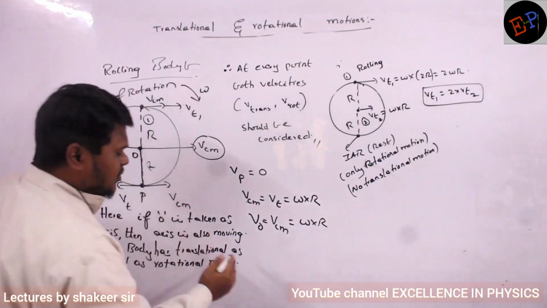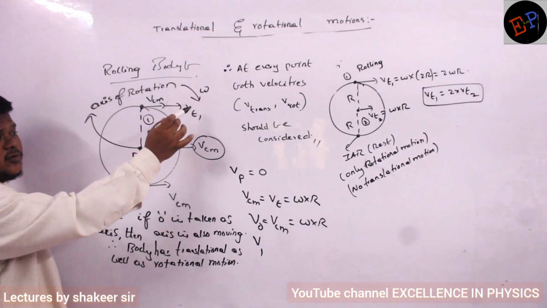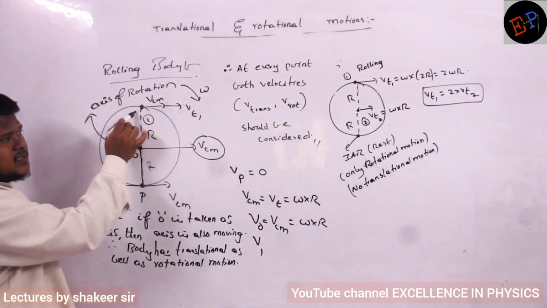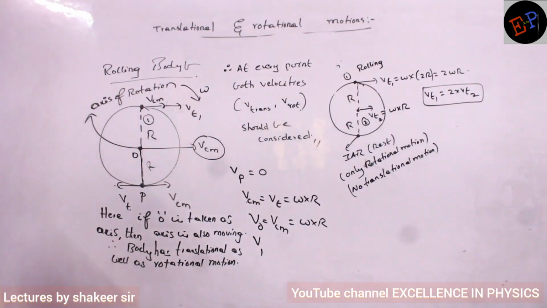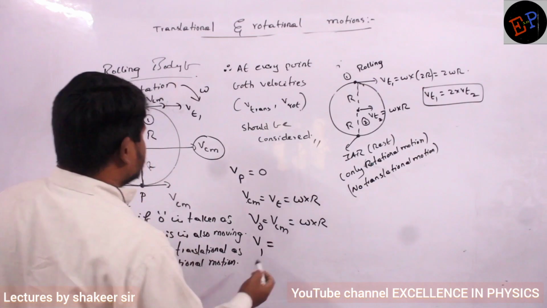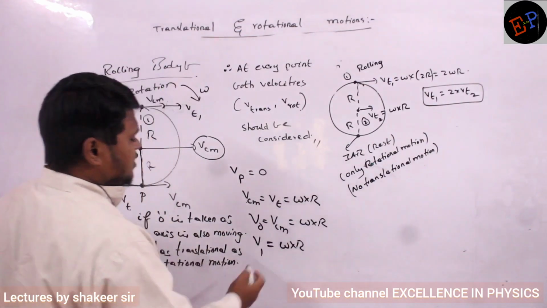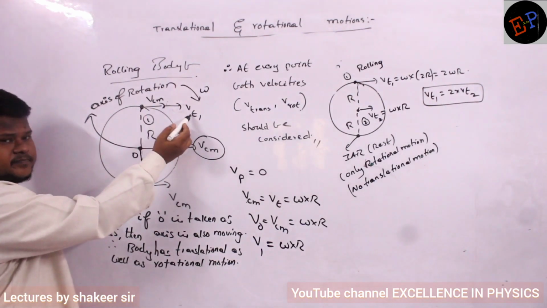Similarly, if I take point number 1, here I should take two velocities. Velocity of center of mass is in this direction, translational speed also in the same direction. Velocity of center of mass is omega into r, already calculated. Now what is the tangential speed of this point?